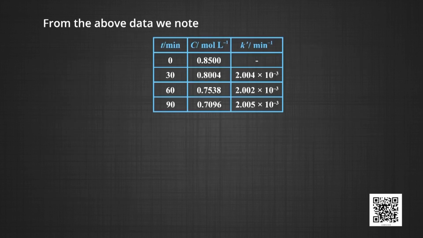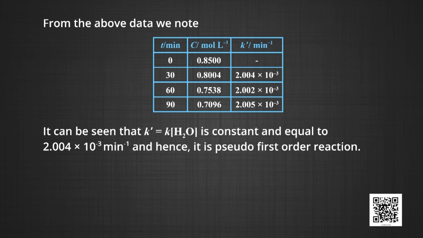From the data above, we can just put the values and it can be seen that K dash is equals to K molar concentration of water is constant and is equals to 2.004 into 10 raised to power minus 3 per minute, and hence it is a pseudo first order reaction.